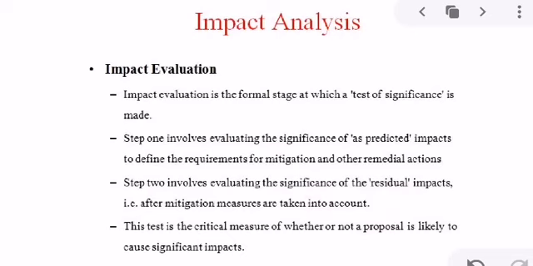Impact evaluation is a formal stage at which the test of significance is made. Step 1 involves evaluating the significance of as-predicted impacts to define the requirements for mitigation and other remedial actions. Step 2 involves evaluating the significance of residual impacts, that is, after mitigation measures are taken into account. This test is a critical measure of whether or not a proposal is likely to cause significant impact.